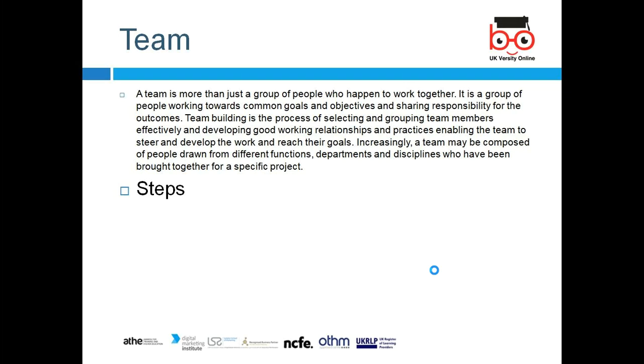Increasingly, teams may be composed of people drawn from different functions, different departments, and we can make a team. So team building is very, very crucial in our organization to achieve our objective. Team does not mean you can pick anyone. You need to look at what goals that team is supposed to achieve.